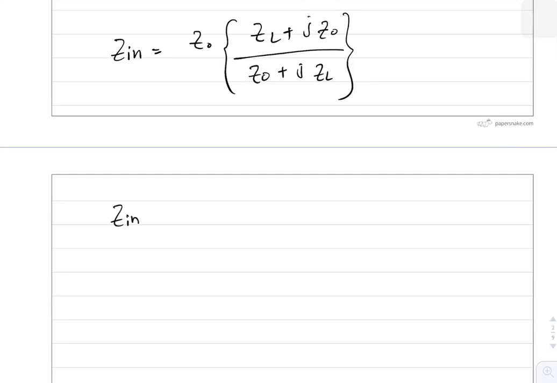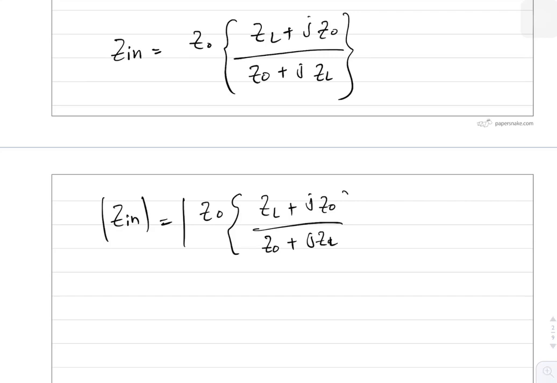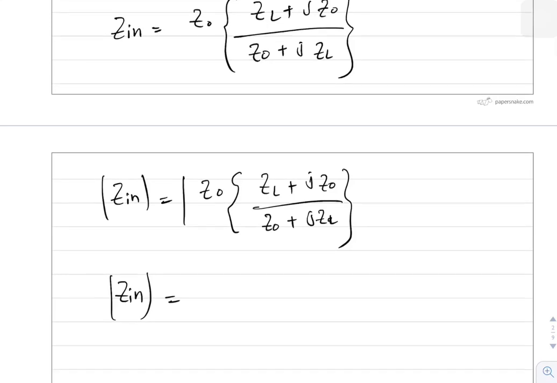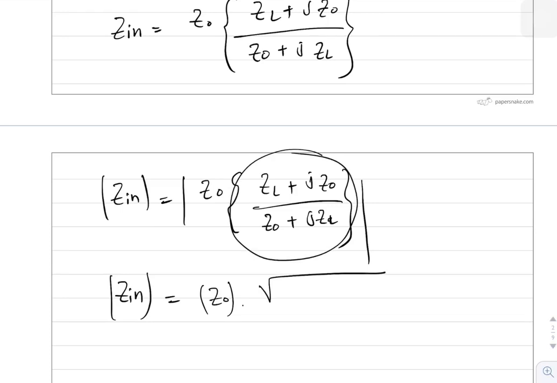The magnitude of input impedance is equal to the magnitude of ZO into ZL plus JZO by ZO plus JZL. Therefore Zin magnitude equal to magnitude of ZO multiplied with the magnitude of this; numerator and denominator are same because it is root over ZL square plus ZO square by root over ZO square plus ZL square.